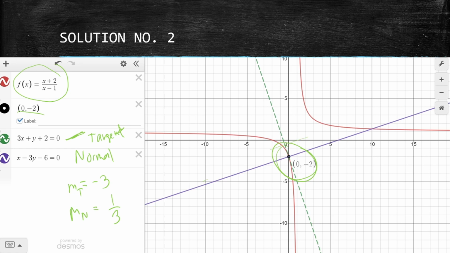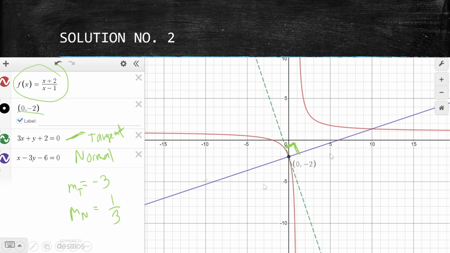Observing the graph, you can actually see that the tangent and the normal line are perpendicular to each other. So that's the relationship between the tangent and the normal line. So this is the function, we have the red graph here.